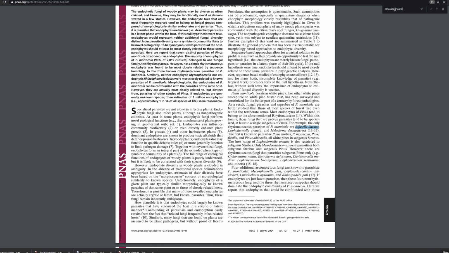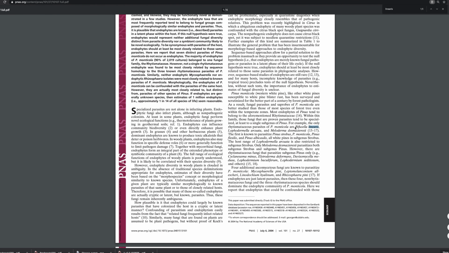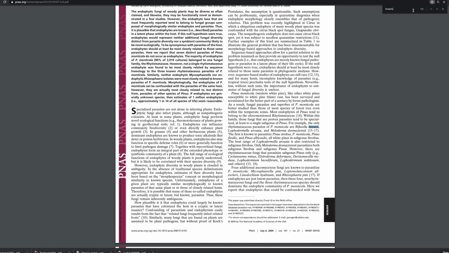So now we are going to search only by the last part of the species name, which is linearis. And this is because sometimes in the articles they don't name the whole scientific name over and over. What they do is they put, for example, in this case, our species is Bifusella linearis, so they will put then B period linearis. So that's why I would like to see if there is more information.